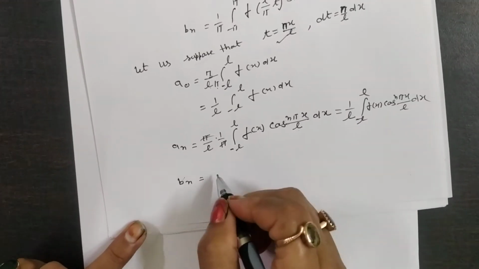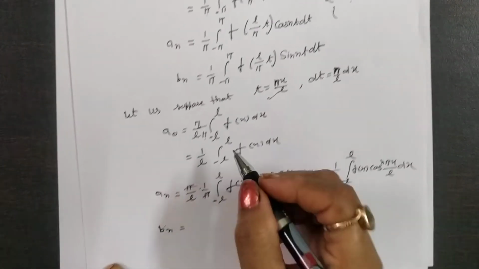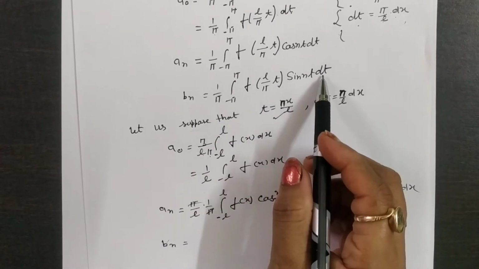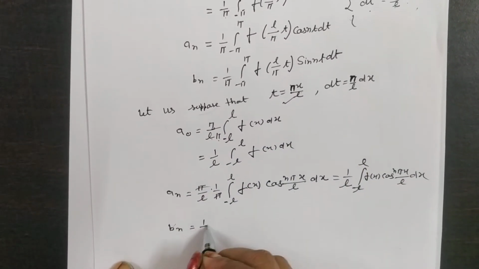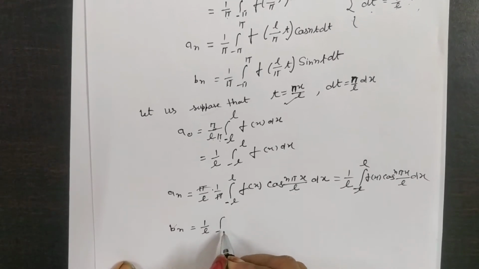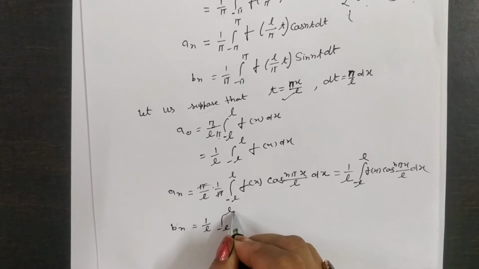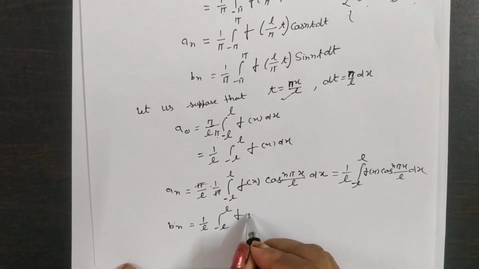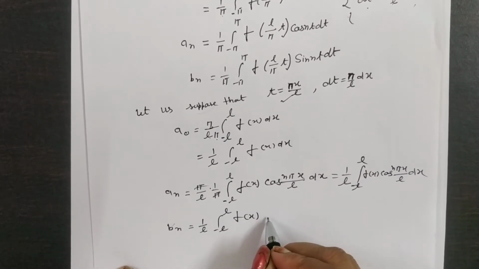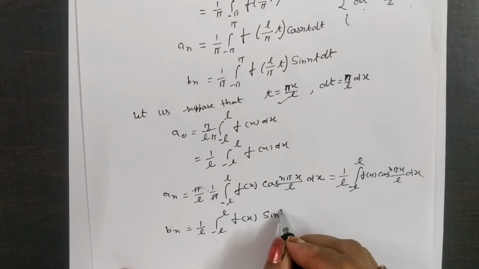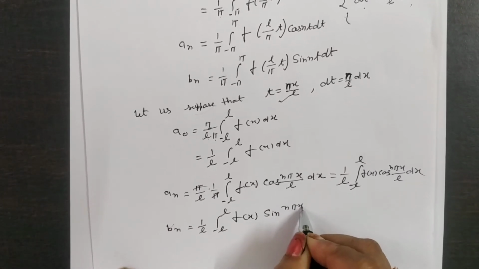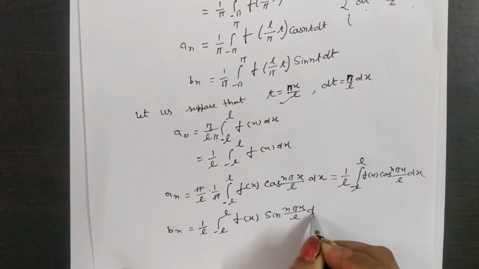Similarly for bn, here is 1 by pi, and dt again, so pi cancels out, so you also get 1 by L, integral from minus L to L, f of x, the function, and sine of n pi x by L dx.